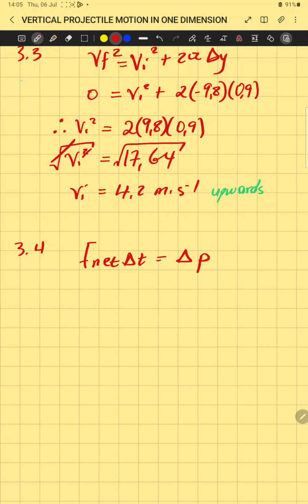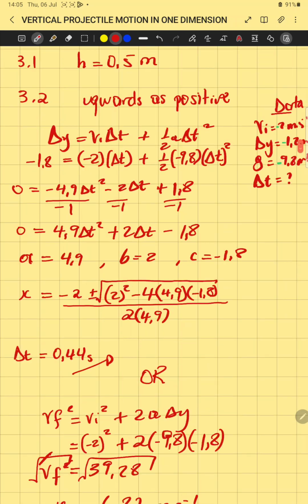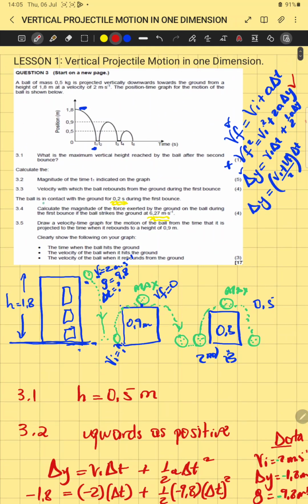We need to borrow this one because, why am I saying that? Because from the statement here we are given the mass, and then also we do have the initial velocity as well as the final velocity.